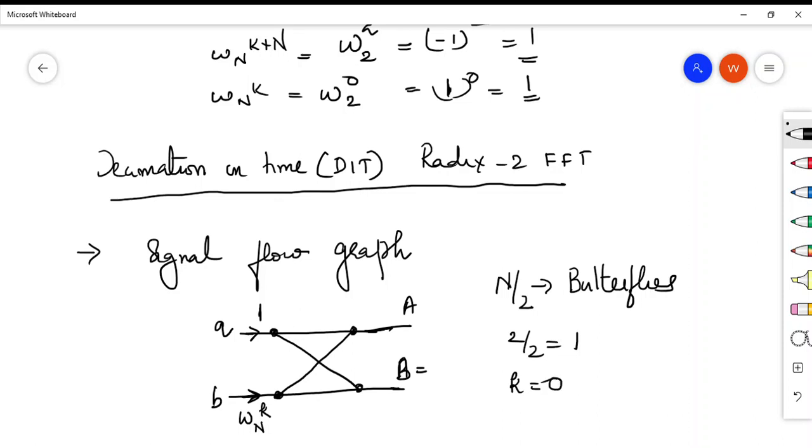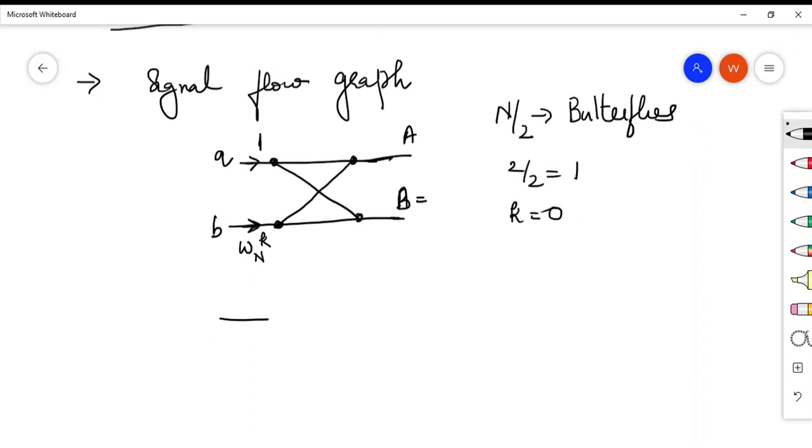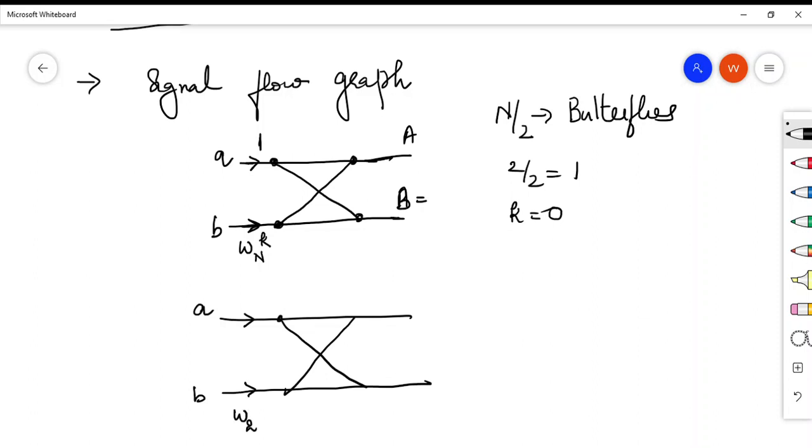So in this case, k is equal to 0, so you can represent your butterfly diagram like this. Instead of W and k, you write A, B. This is W_2, I have written N as 2, this is 0, this is 1, here you have A, B.